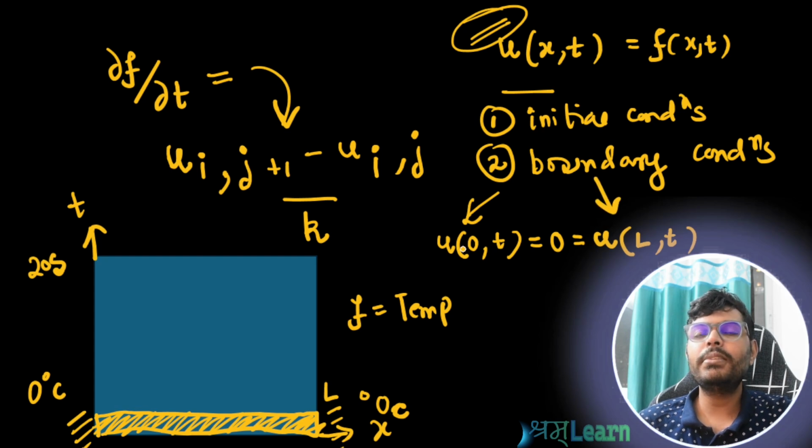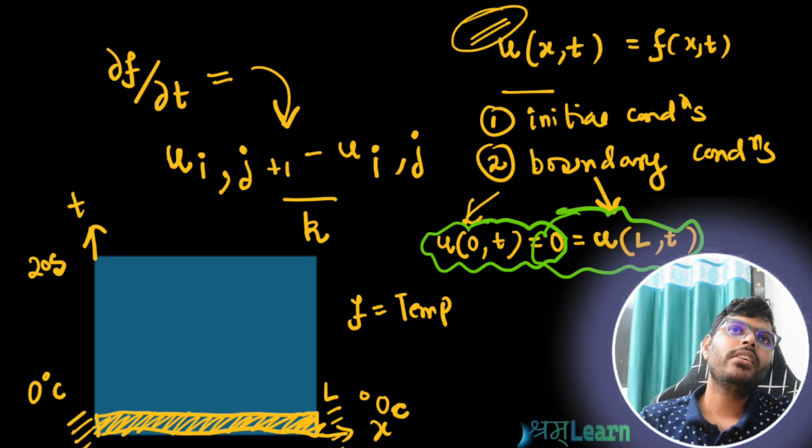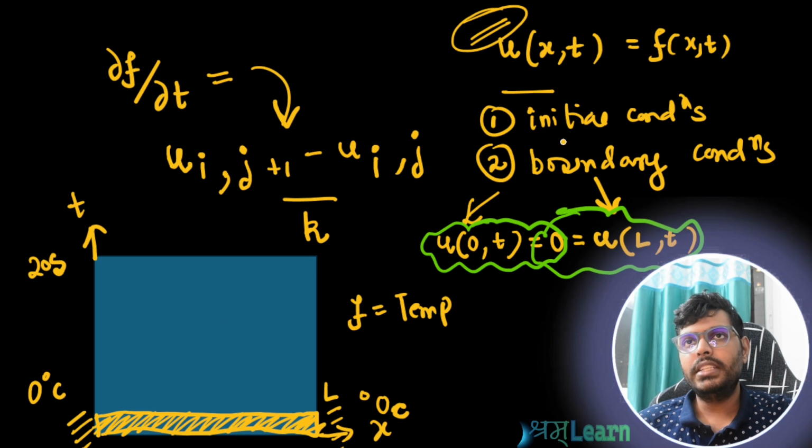These two conditions are boundary conditions, because this is what is defined at the boundaries, at the ends of the rod. Now the initial condition. What are the initial conditions? I should know for all x at time t equals 0 the function u.